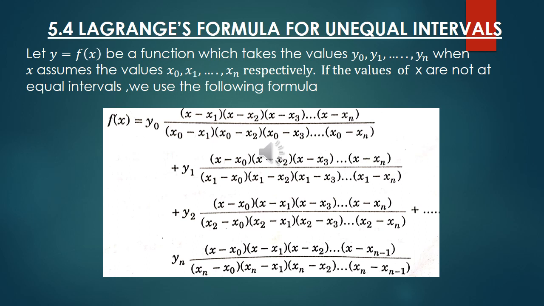Check the second term, plus y1. There is no x1 term in the numerator, and in the denominator we replace all terms of x by x1. That is x1 minus x0, x1 minus x2, x1 minus x3 up to x1 minus xn. Same as all other terms.